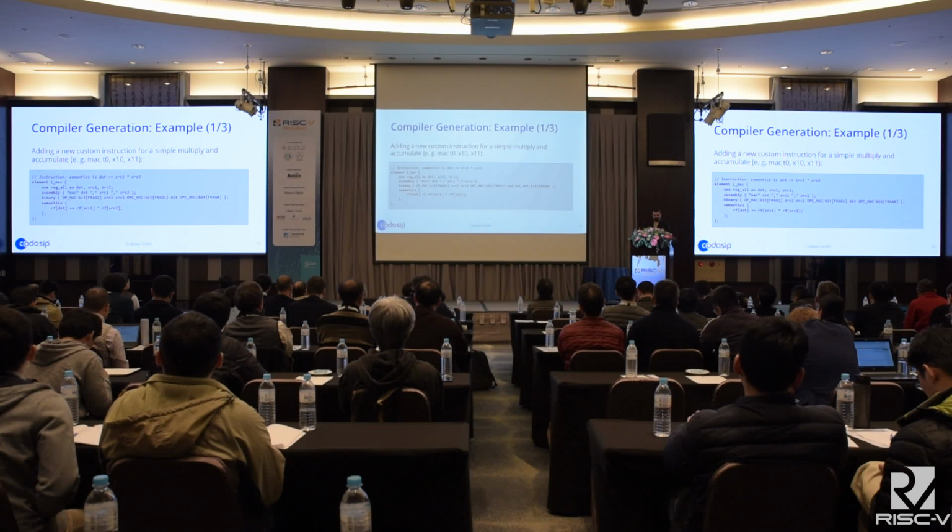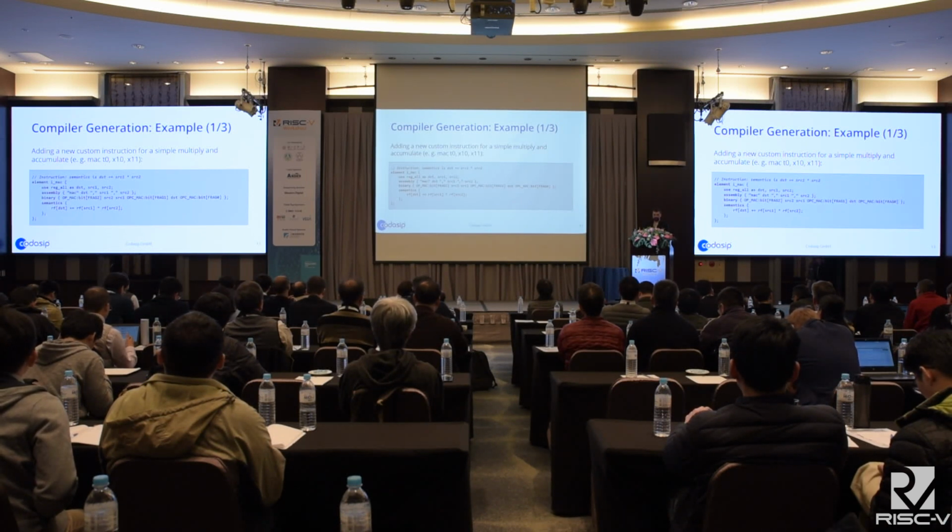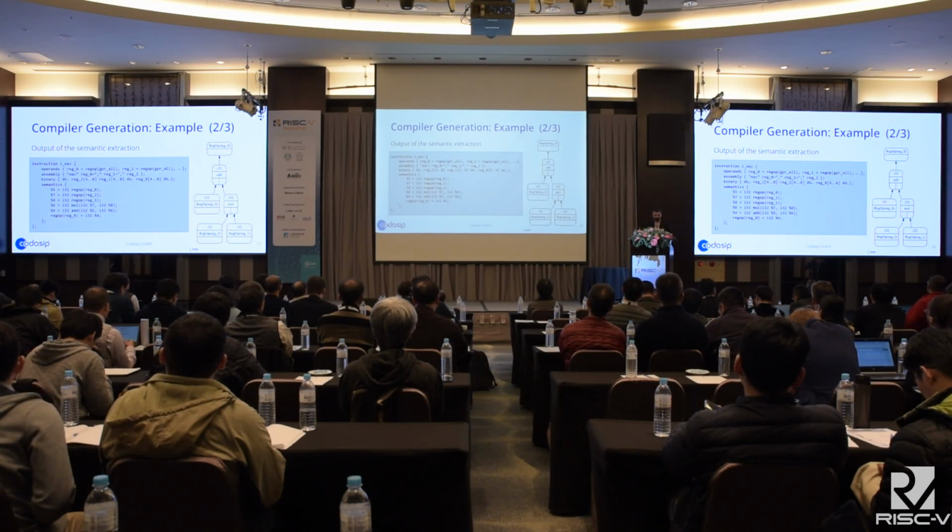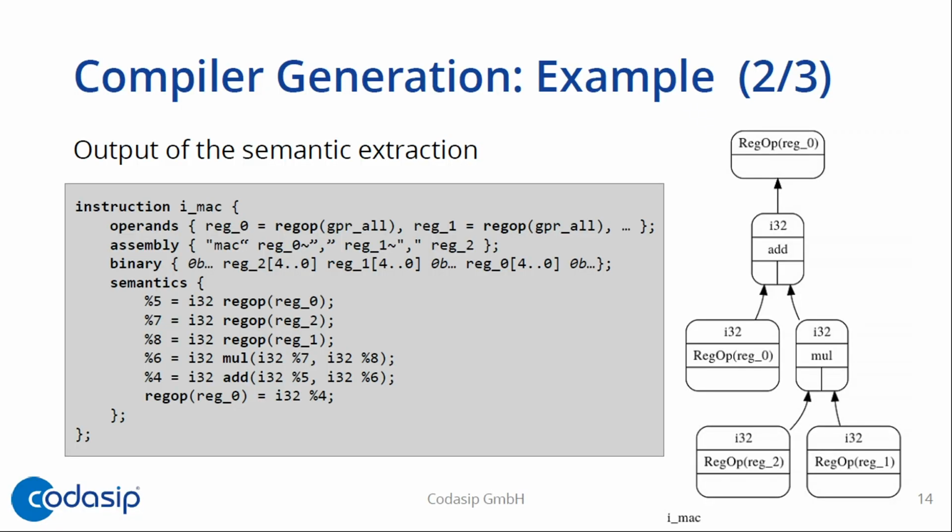So this is how it's written in CodAL, and now it's going to be parsed by the semantics extractor, and it produces a more friendly description for LLVM itself. So you can see here, right now we know that we have operands that are registers. We have assembly and binary as well for the backend. And here you can see that the semantics has changed. It's LLVM IR actually.